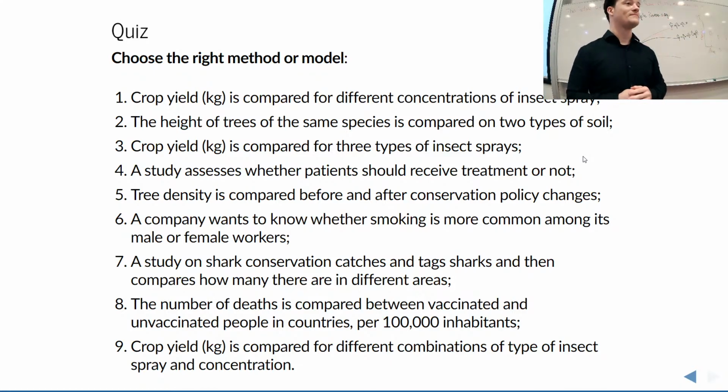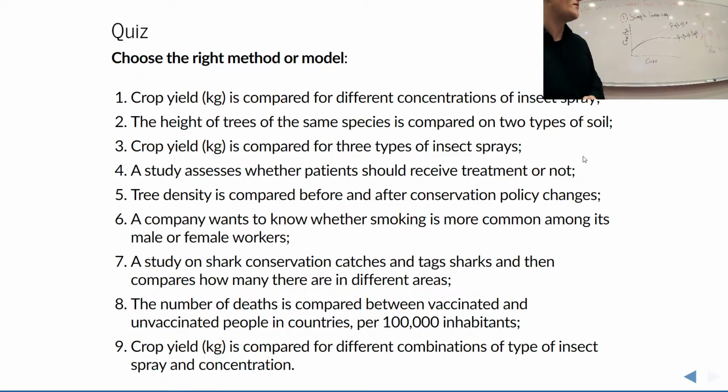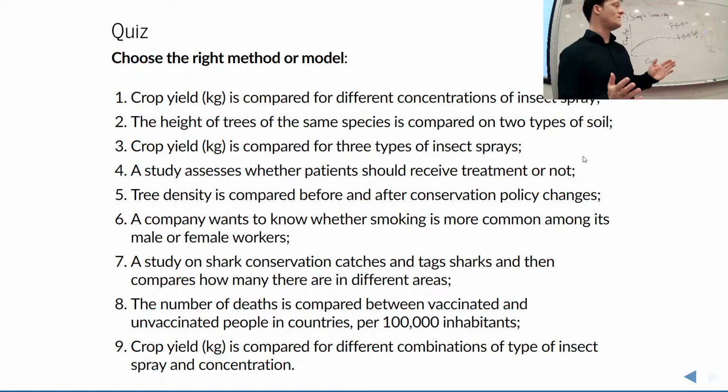Yes? And maybe 9, ANCOVA. Number 9, crop yield in kilograms, so a continuous outcome, same one as the first two, is compared for different combinations of types of insect spray and concentration. And your answer was ANCOVA. Yeah, analysis of covariance is when you have an ANOVA and you have a continuous explanatory variable. So what are the continuous and categorical explanatory variables here?